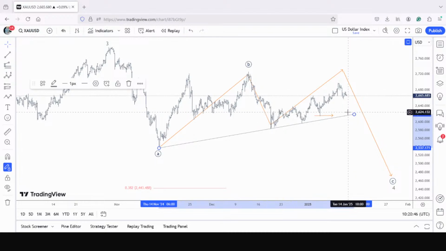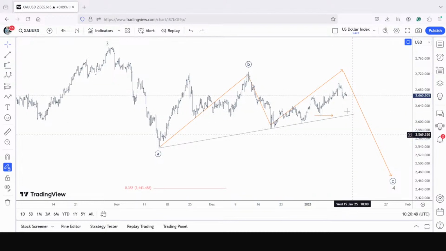I think if it bounces off this line, then we would rather exit the short positions, considering that it's a contracting triangle in that case, something like this.